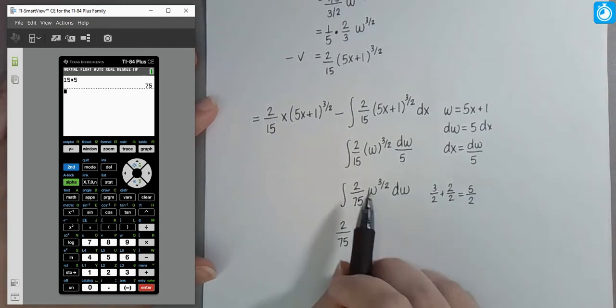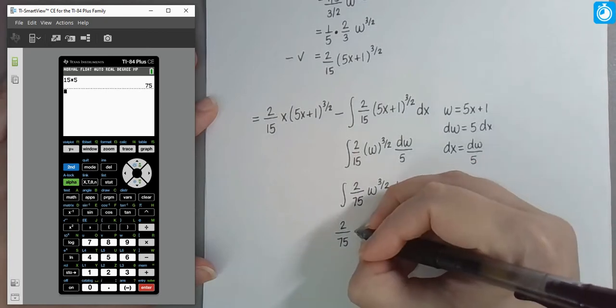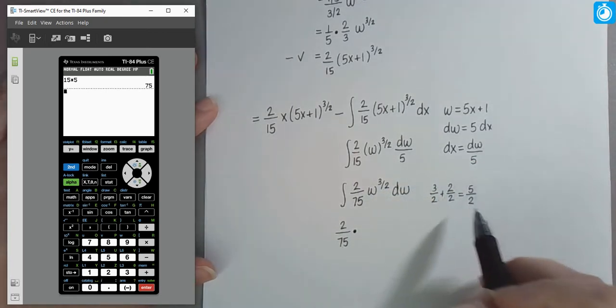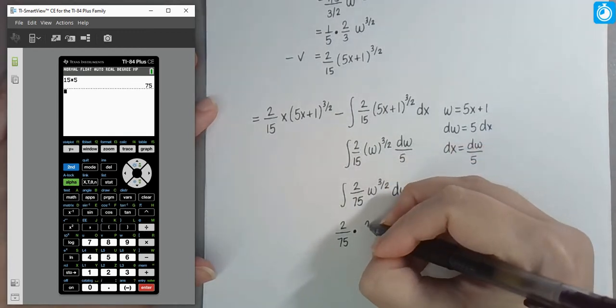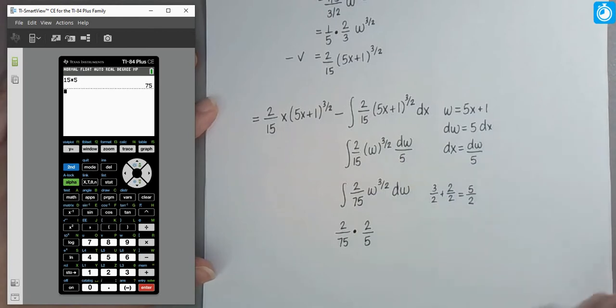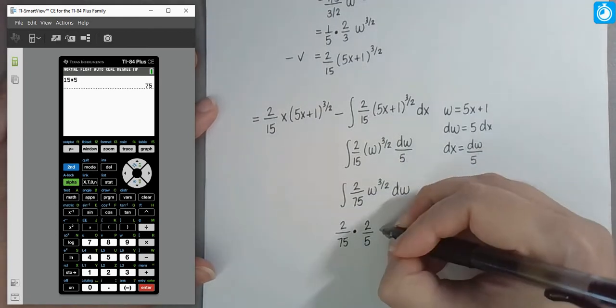Okay, so our new exponent will be 5/2, and then we divide by the new exponent, which is the same thing as multiplying by that exponent's reciprocal, which would be 2 over 5.